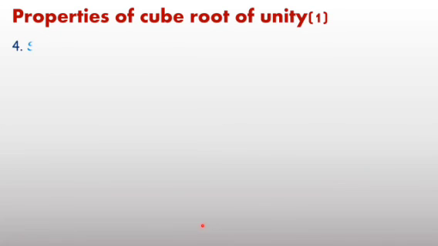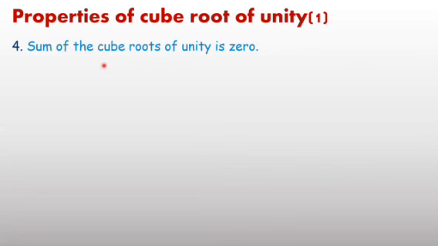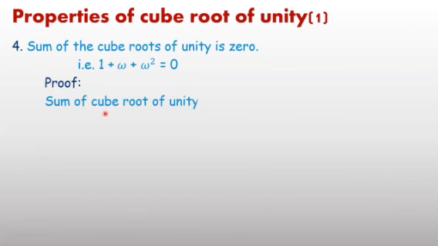And next, the fourth property of cube roots: sum of cube roots of unity is 0. That is 1 plus omega plus omega square equal to 0. You can also verify or prove. That's very easy. Sum of cube roots of unity equal to 1 plus omega plus omega square.